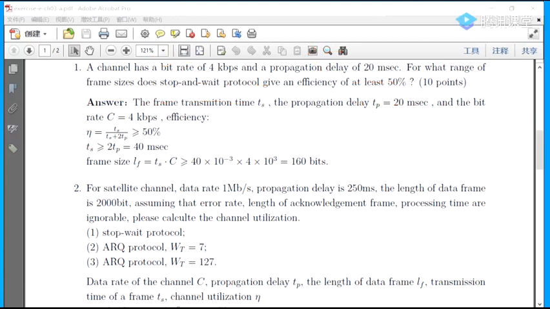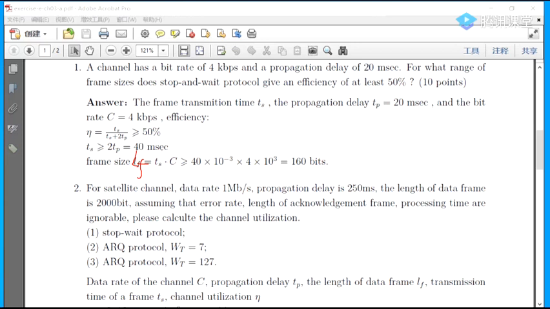TP is 20 ms, so TS should be larger than or equal to 40 ms. So the frame size L_F equals TS times capital C, the data rate.